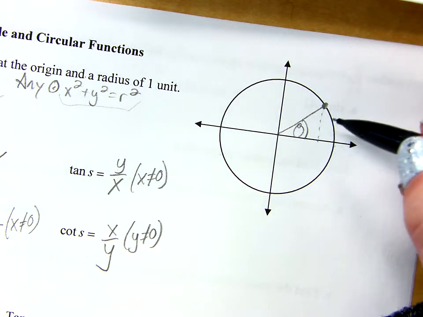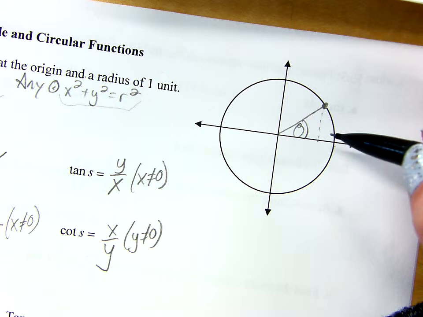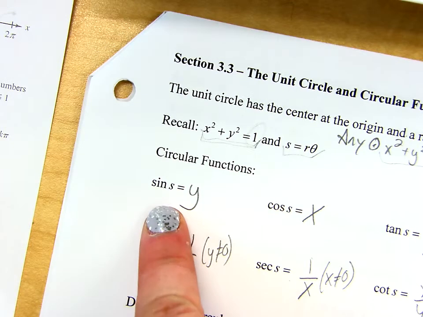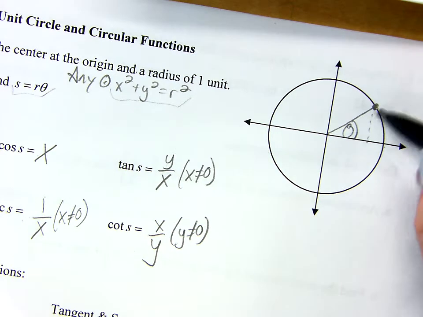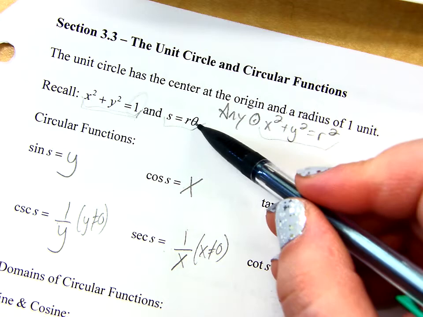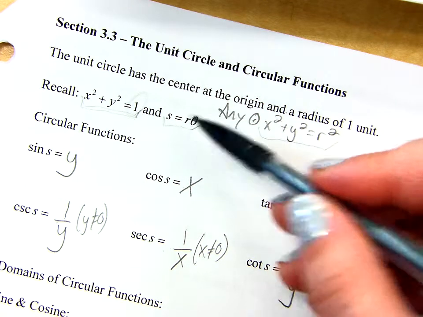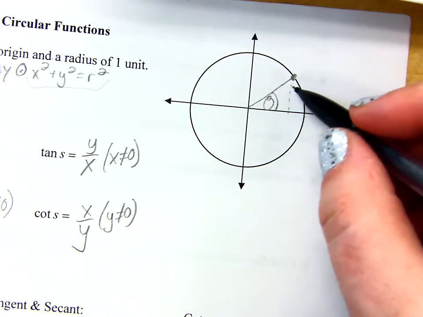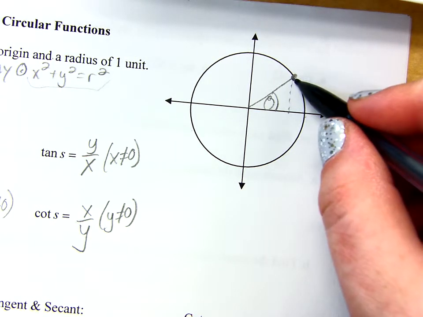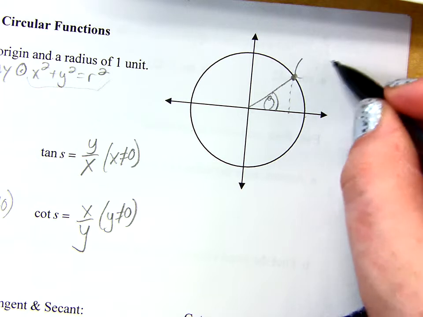Well, ladies and gentlemen, I'm just going to use sine and cosine. Look, sine of s is equal to y, and cosine of s is equal to x. So as long as I know what s is, and s is equal to r theta, and r is just 1, so s and theta are the same thing. So all I have to do is figure out the cosine and the sine, and that'll get me that ordered pair.